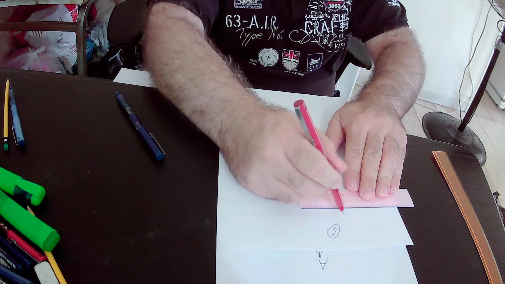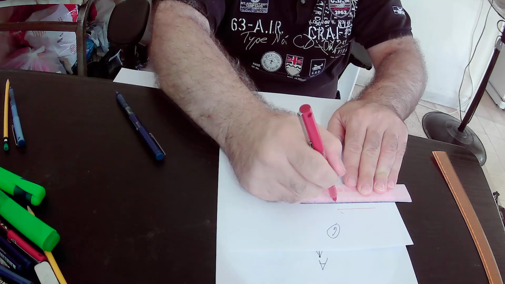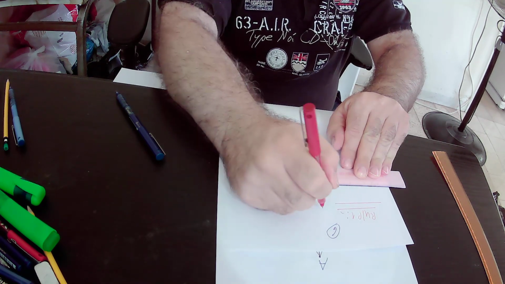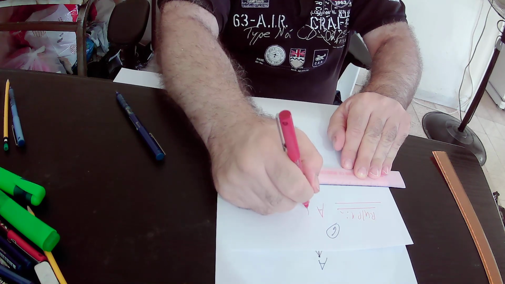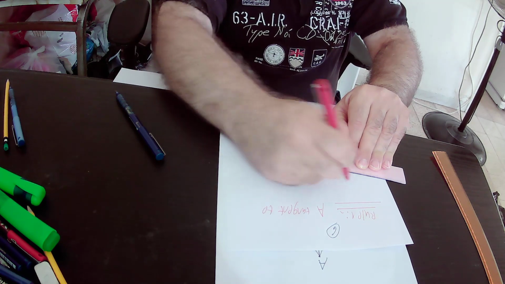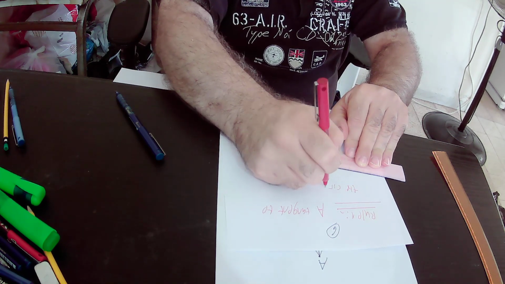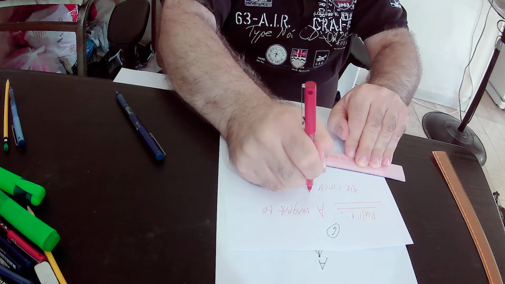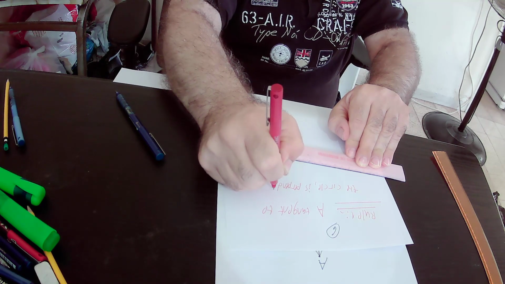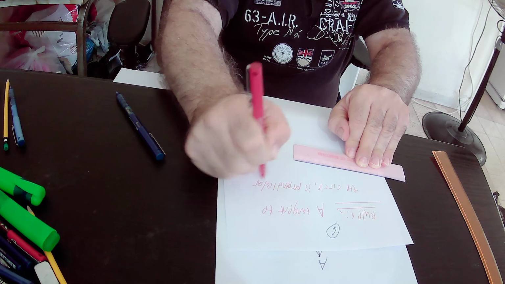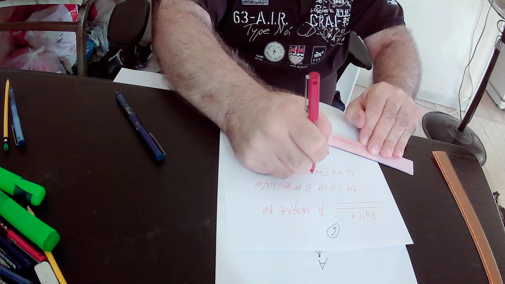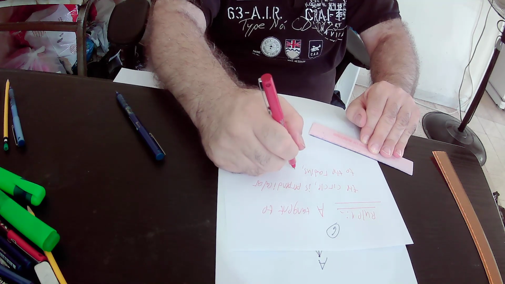According to rule number 1, a tangent to the circle is perpendicular to the radius drawn to the launch point.